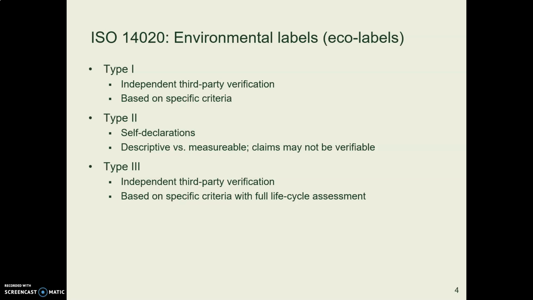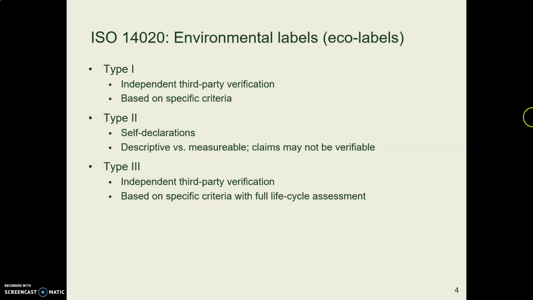They're just nice words. And if they're not measurable, there's probably no way to verify that this is true. So examples include labels that say, all natural, good for the environment, stuff like that. That's a type 2 label. It's basically marketing and sometimes greenwashing.